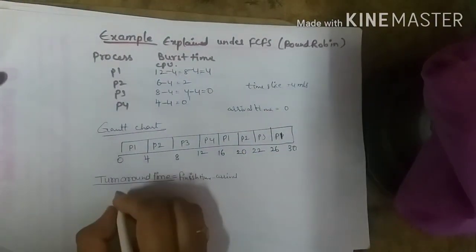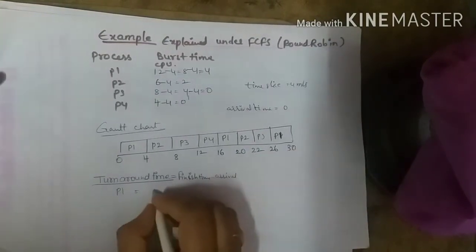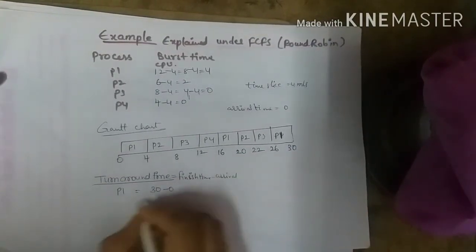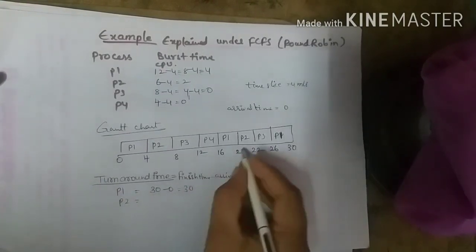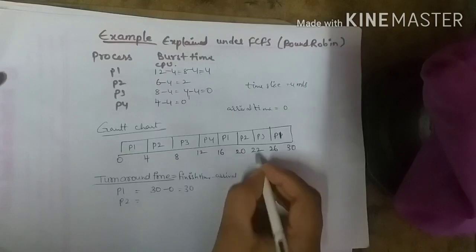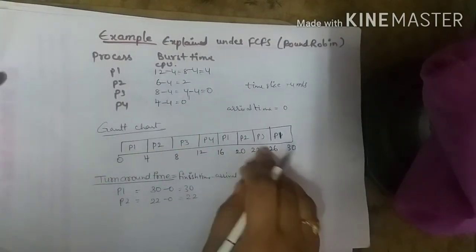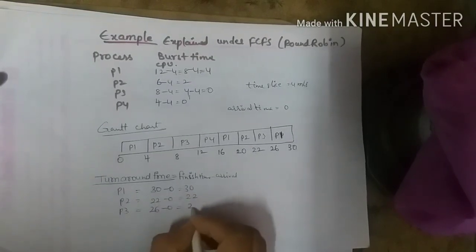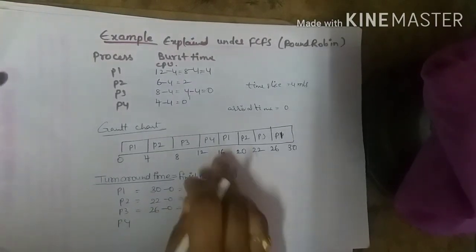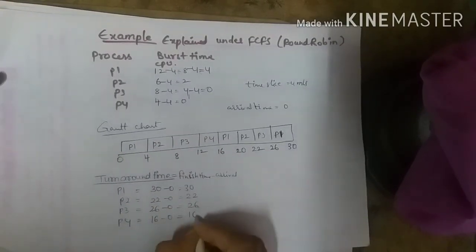Now first the P1 process, the finish time for P1 is 30, arrival time is 0, so 30. For P2, the finish time is 22, 22 minus 0, that is 22. Now we'll take P3. P3 finishes at 26, that is 26. P4 completed here, 16 minus 0, that is 16.